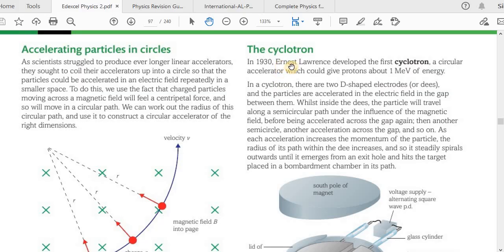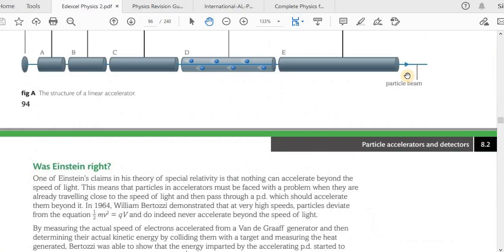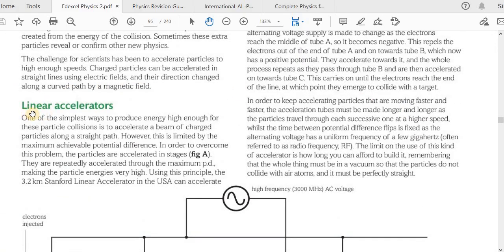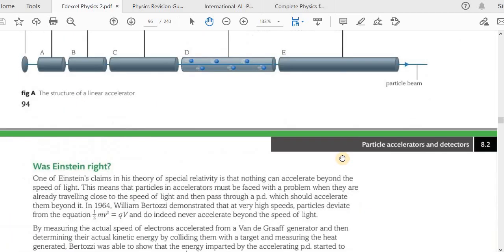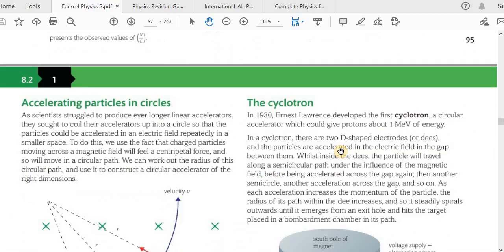One of them is the cyclotron, and from the name itself you can figure it out. Linac means linear, in a straight line, so it accelerates the particle in a straight line. Here, cyclotron, like cyclone, moves in a circular or spiral path.